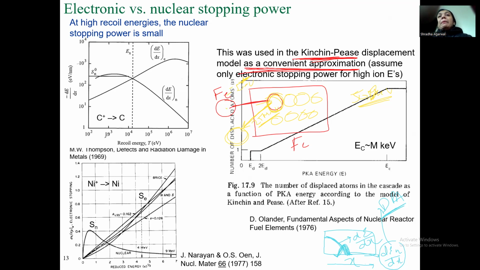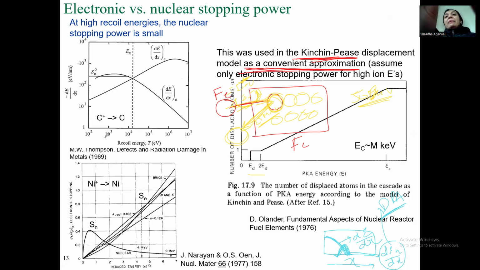Now, by the time it interacts here, it will become 50 minus X due to electronic energy loss, some kind of thing. So it will have finally 25 eV minimum, and still it will have some energy left.